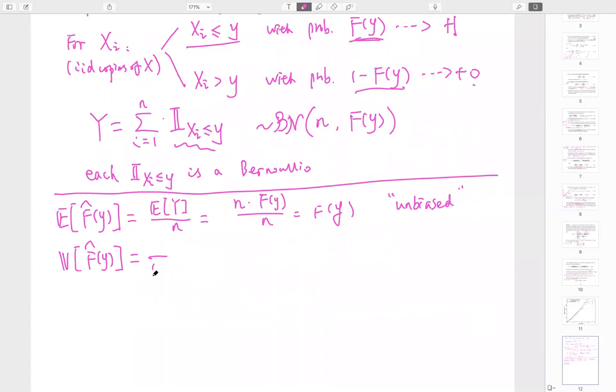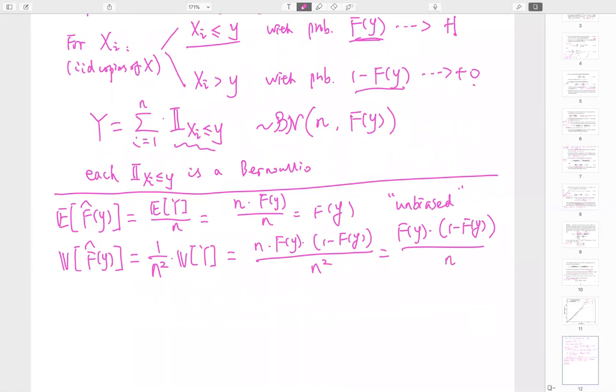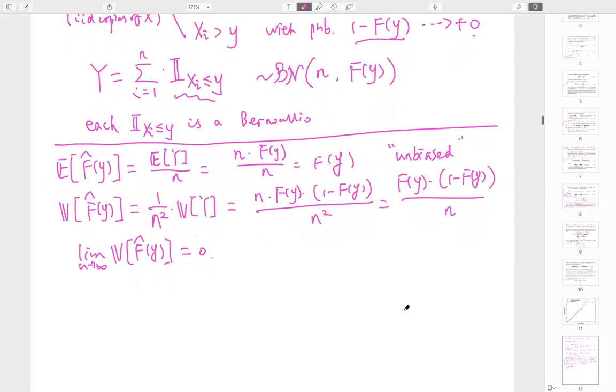The constant has to be squared, so for this, it would be n theta 1 minus theta. Obviously, as n goes to infinity, the variance goes to 0, so it's excellent. It's actually a consistent estimator, right? So it's very nice.